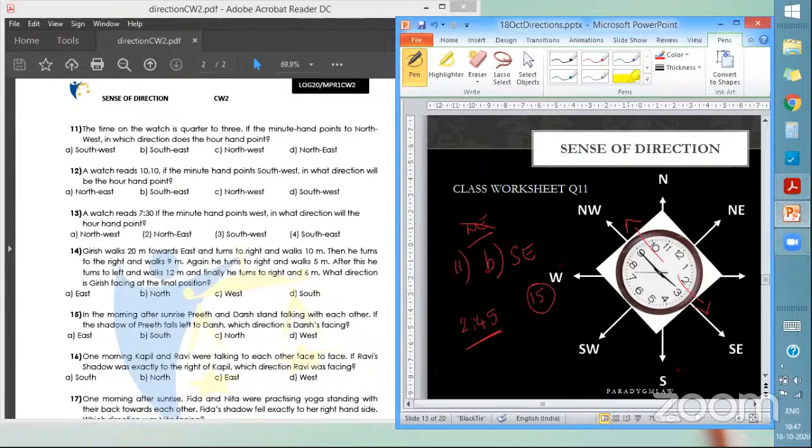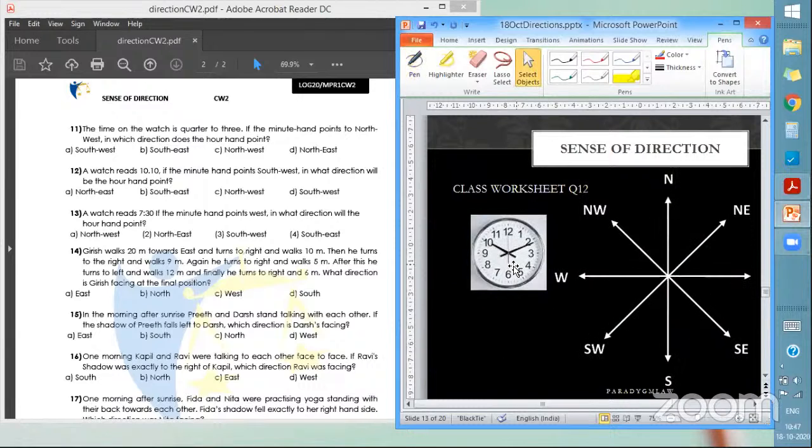All right, next question. A watch reads 10:10. Come on, do it. Ma'am, is it southeast? Yes. This is your 10:10. A watch reads 10:10 if the minute hand points southwest. Minute hand has to point southwest.